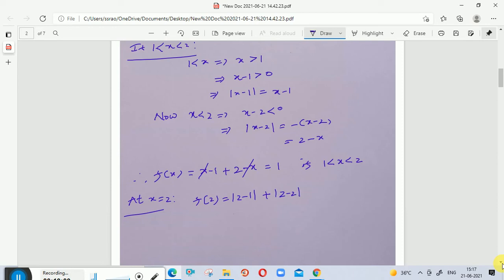Because we know f of x is equal to mod of x minus 1 plus mod of x minus 2, we are just writing 2 in the place of x. So that is equal to 1 plus 0, that is equal to 1. So therefore f of x is equal to 1 if x is equal to 2.